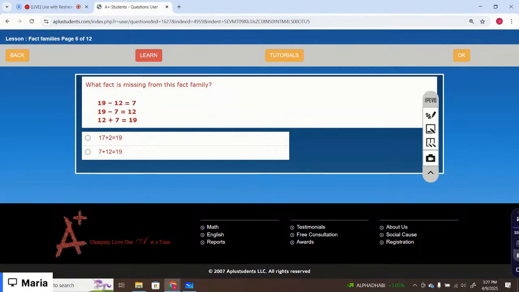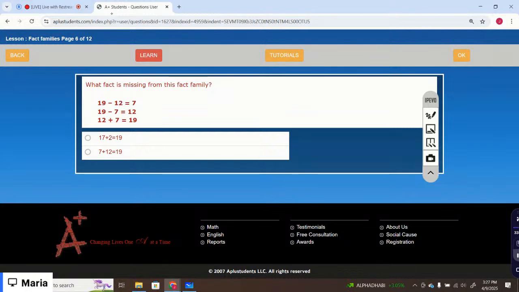What fact is missing from the fact family? We are given two subtraction facts here. So we are missing an addition fact.